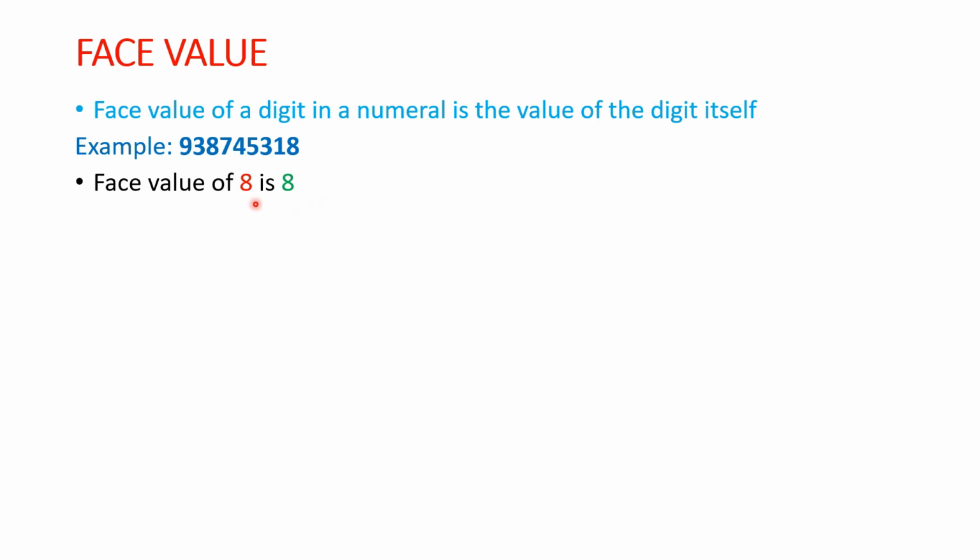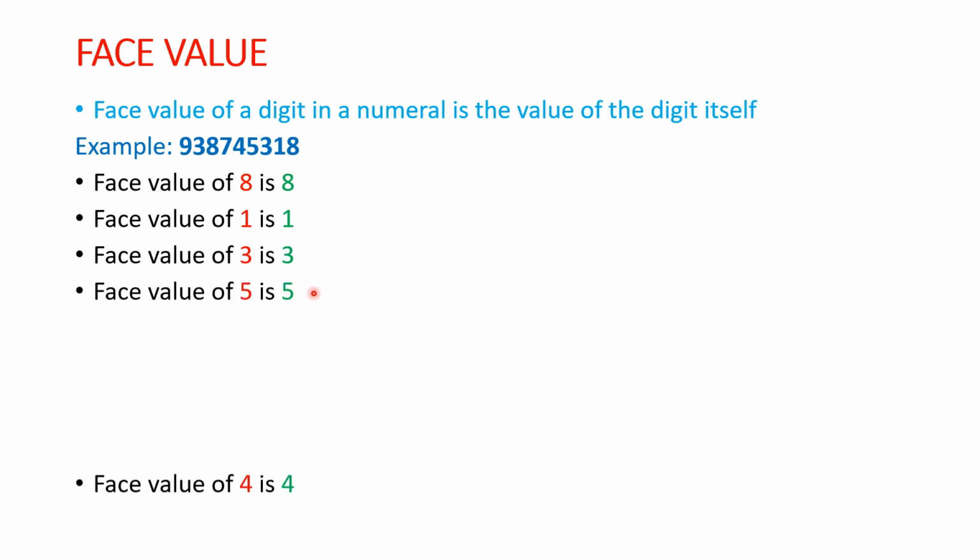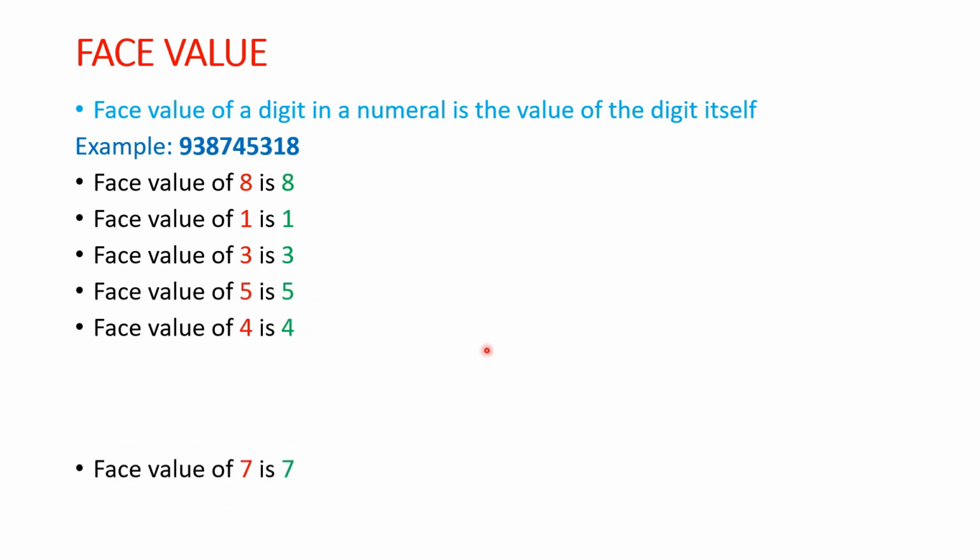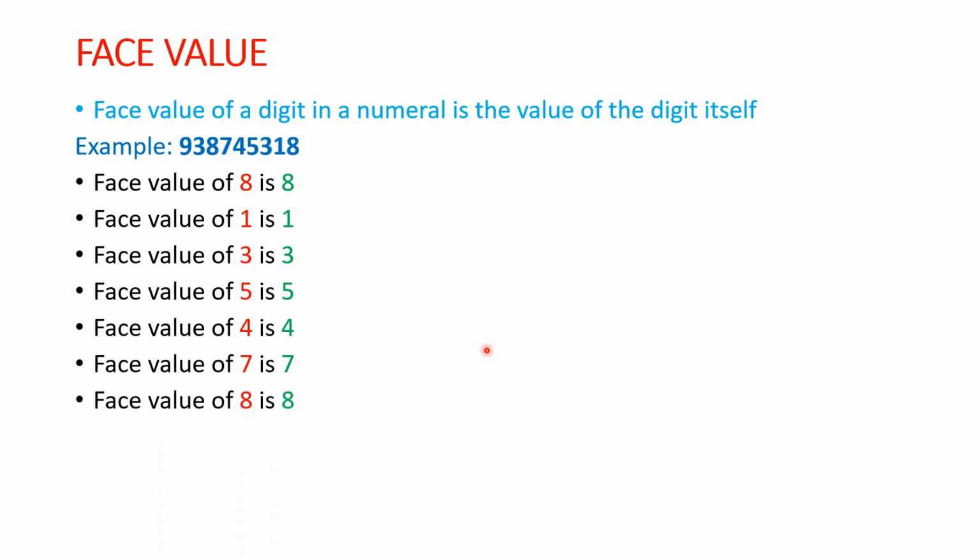Here the value of the digit is 8. So the face value of 8 is 8. Likewise, the face value of 1 is 1 and the face value of 3 is 3. Face value of 5 is 5 and likewise it will go on. This is how we have to calculate face value.